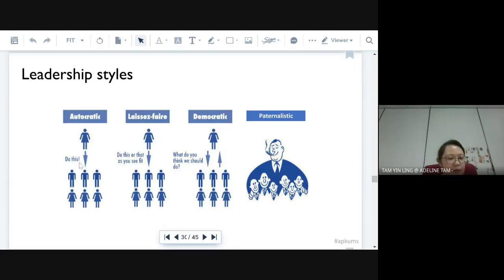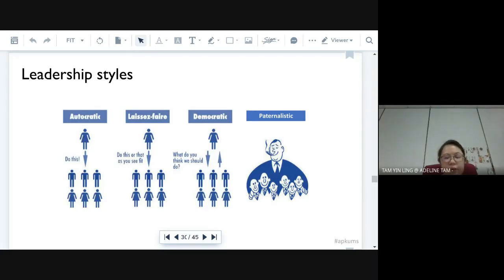We have another type, which is autocratic. Autocratic most of the time happens in certain organizations, like in the army or in the police enforcement department. It means that the leader at the top will say you have to do this and this, and the workers can only say yes. What they do is just follow the instructions from the boss.